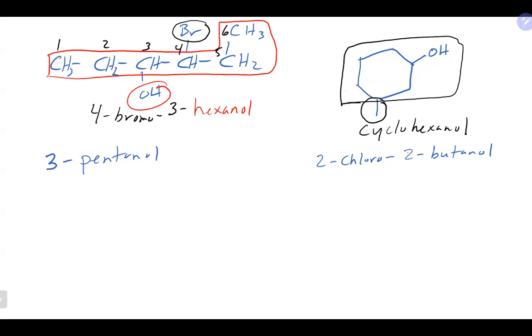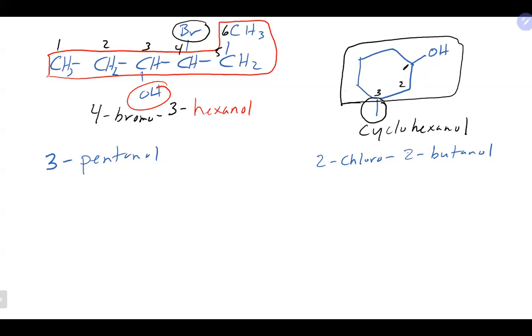Because the OH group always gets the priority in the numbering, and because it's in a ring structure, that OH group has to be carbon number 1. And now we want to go either clockwise or counterclockwise to give that group the smaller number. Just looking at it, clockwise would give us the smaller number.